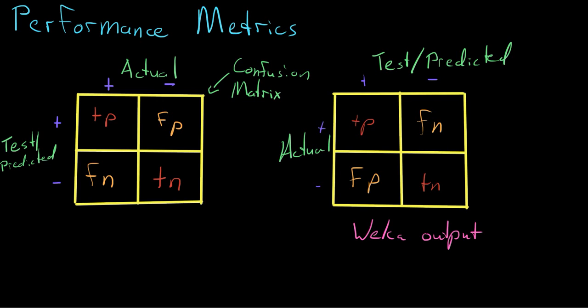Okay, so some of you probably have noticed at this point that the actual Weka output doesn't really match the notation we've been using so far. And with the confusion matrix, it's not really set in stone. There's two styles.